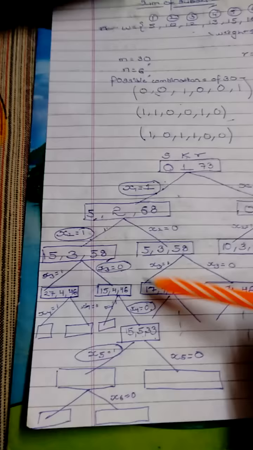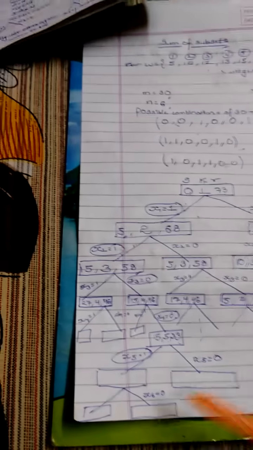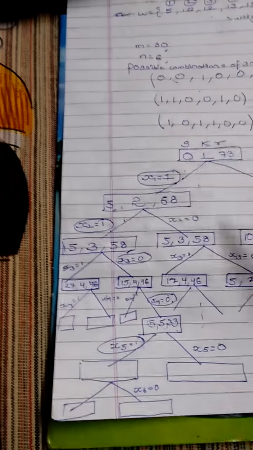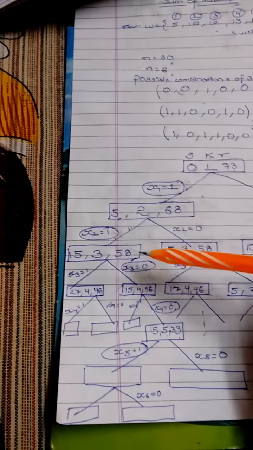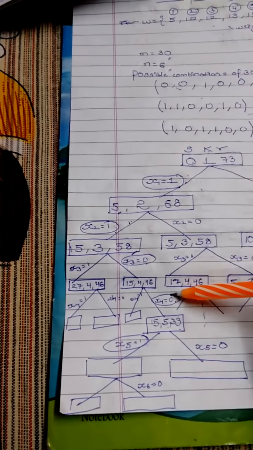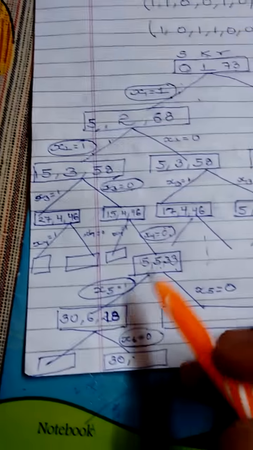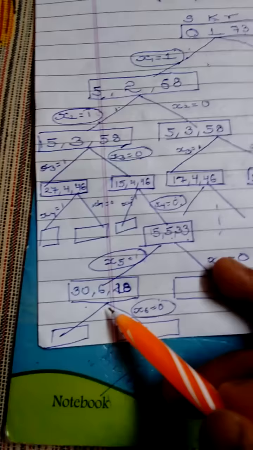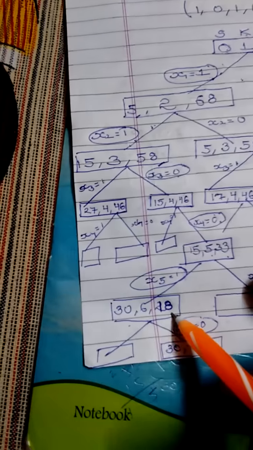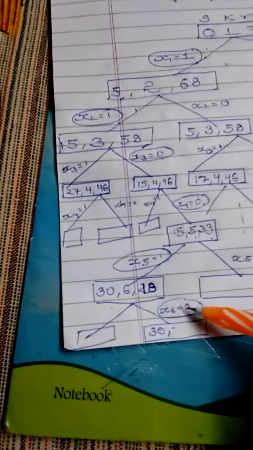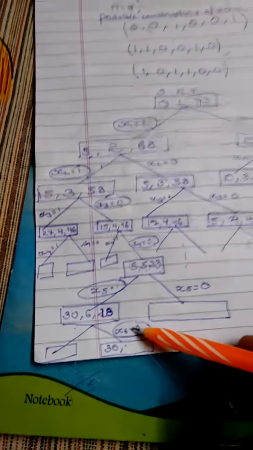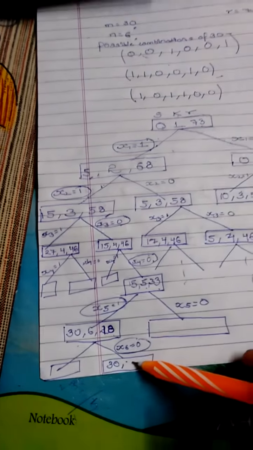Similarly, we will be solving it further for our desired position, that I have solved for 1 1 0 0. Now further I will be solving for 1 and 0. My sum will be 30, index will be 6, and my R will become 18. Similarly, for solving, my last index is 0, so I will solve it further.